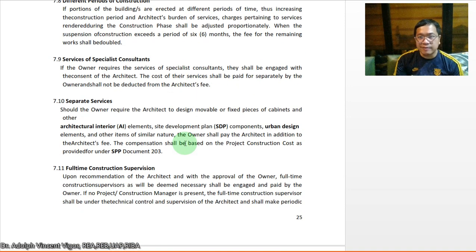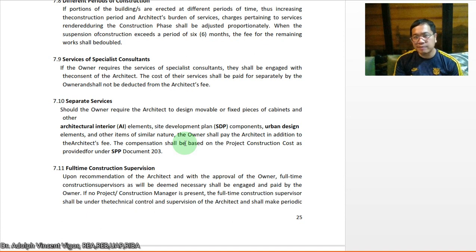So, services of specialist consultants. If the owner requires the services of specialist consultants, they shall be engaged with the consent of the architect. The cost of their services shall be paid for separately by the owner and shall not be deducted from the architect's fee.